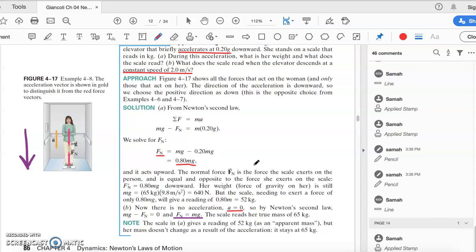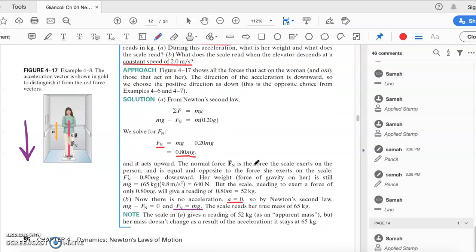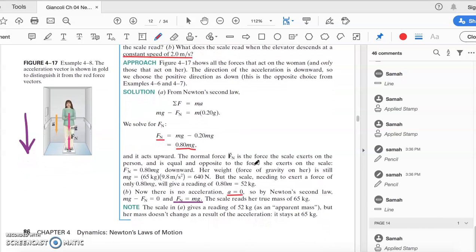I will go through this example again that we ended our last record with, because it's an important example to understand what is going on.